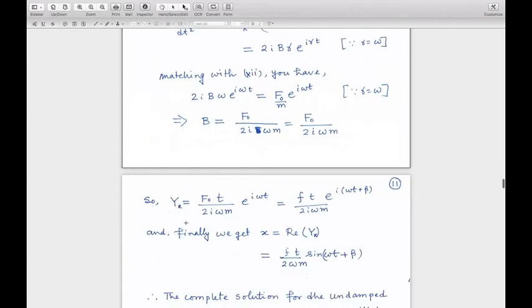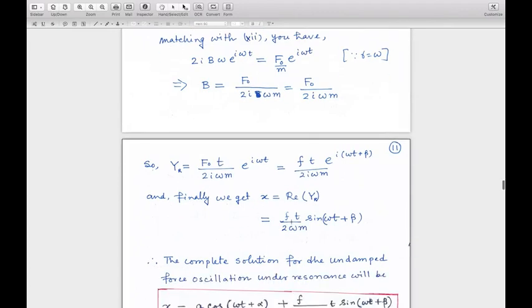So finally y_r is nothing but F0 t/(2iωm), that was just the part of b, times e^(iωt). And for our original solution x we have to take the real part of y_r, and now look here, the sine part comes because e^(i(ωt + β)) is nothing but cos(ωt + β) + i sin(ωt + β), and here you have an i in the denominator, so it is basically the imaginary part coefficient which finally gives the solution for x, because this i will be cancelled with the i of i sin(ωt + β), right?